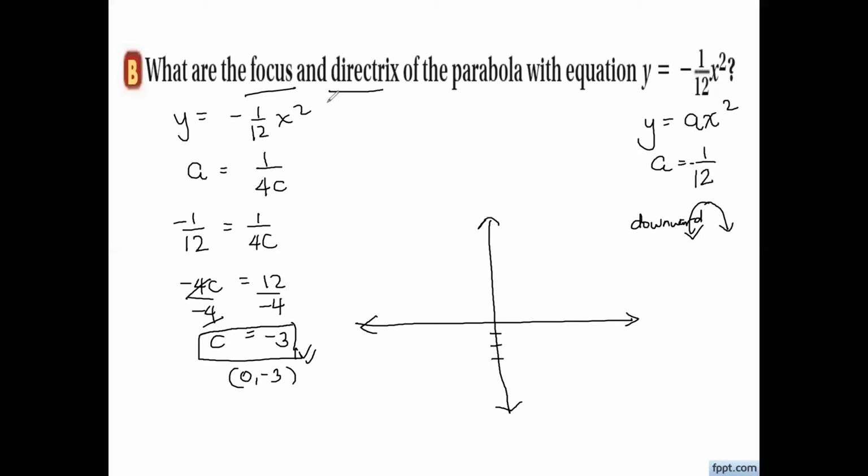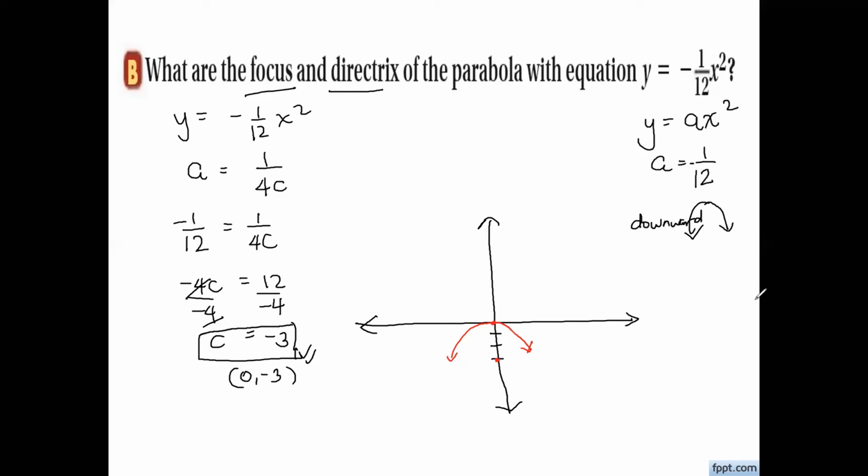The point will be here, negative 3 from the origin. Then we have the vertex. Since we know that a is negative, our graph opens downward.